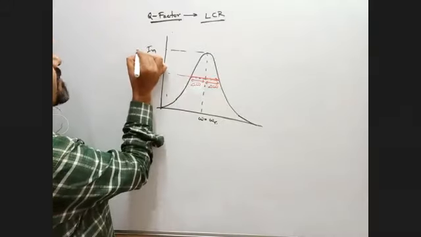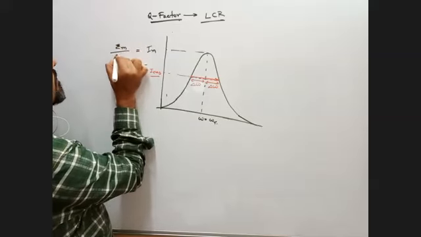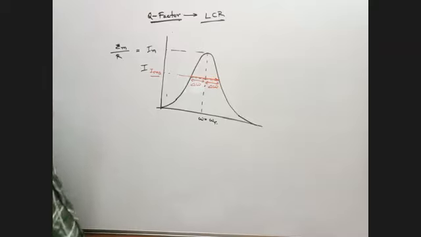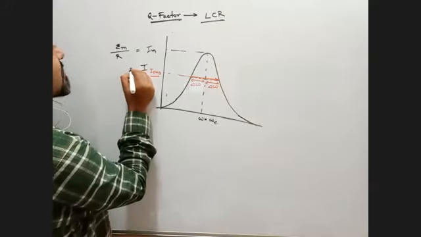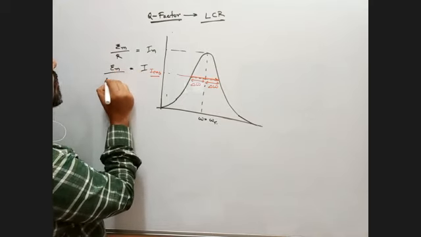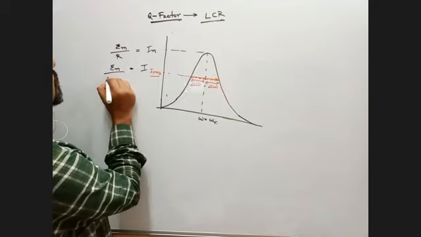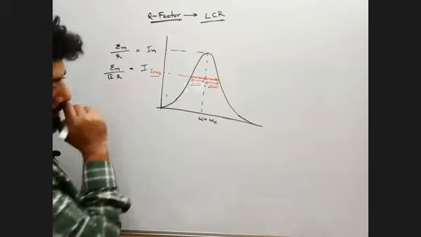What do you mean by maximum value? Maximum value means E maximum by R. Because at resonating frequency X is 0, so Z is equals to R. And in RMS value, this value is EM. We know RMS value is the peak value by √2. So you can write EM by √2R.